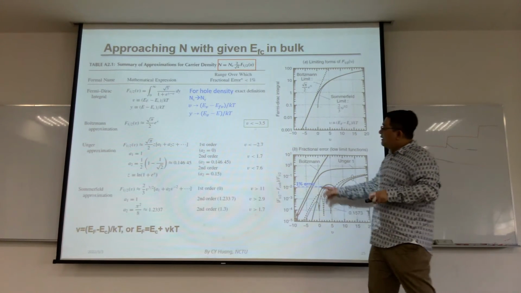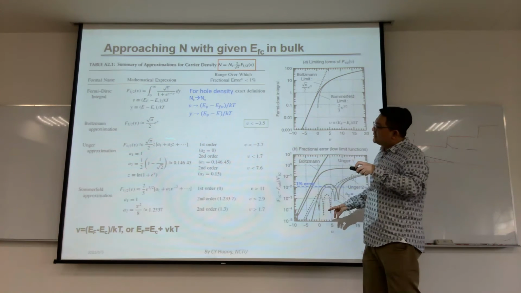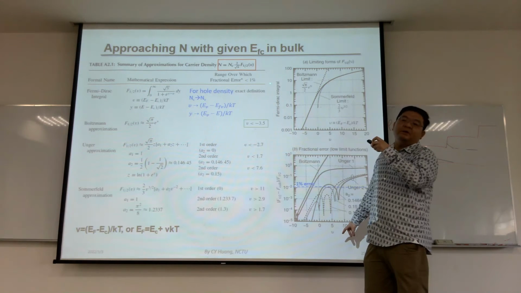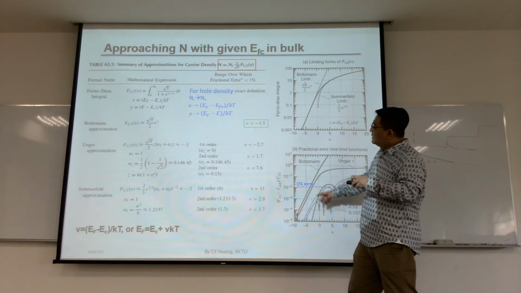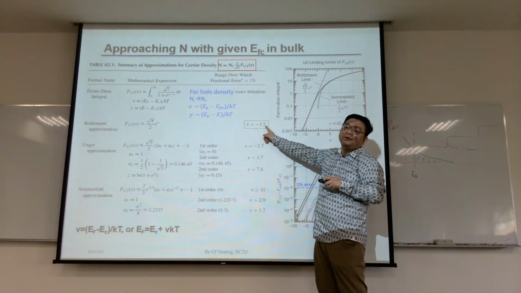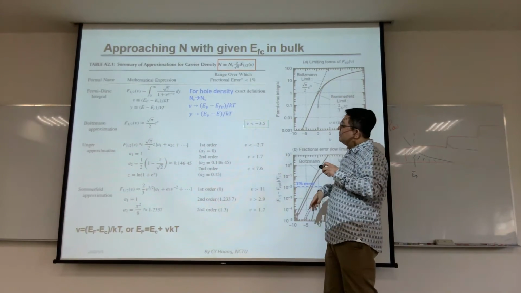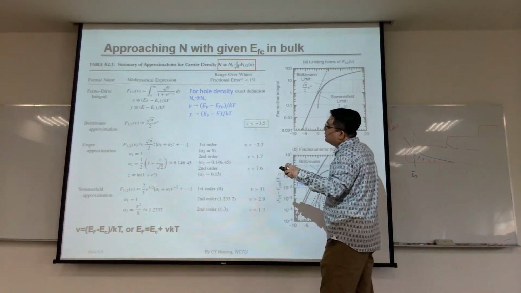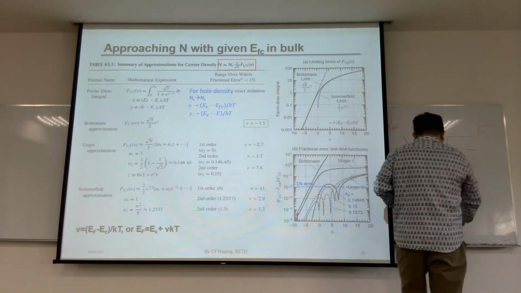That means this model applies when the error to the real answer is less than 1%. That means B is less than minus 3.5. So I will write it down here.